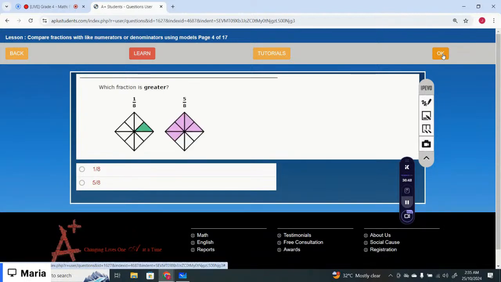Which fraction is greater? 1 by 8, 5 by 8. 5 by 8 is greater than 1 by 8. The correct option is 5 by 8.